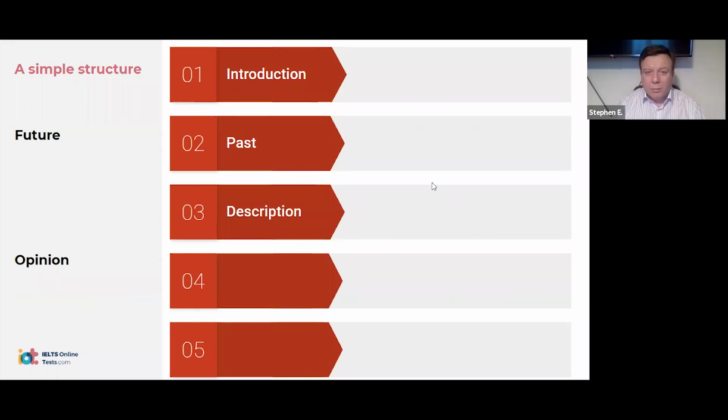Four. What's going to go in the four? There's a little delay in the chat because we've got a lot of students today. Okay, I'll give it to you. Han's got it. So last is going to be the future.